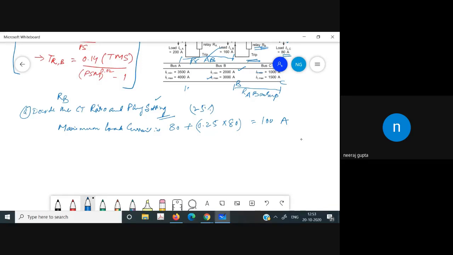Now, let us assume that a 1 ampere relay is used, and as per this, the CT ratio would be 100 is to 1. 100 is the maximum load current, so the CT ratio would be 100 is to 1.